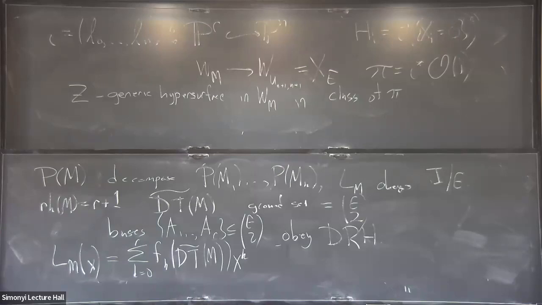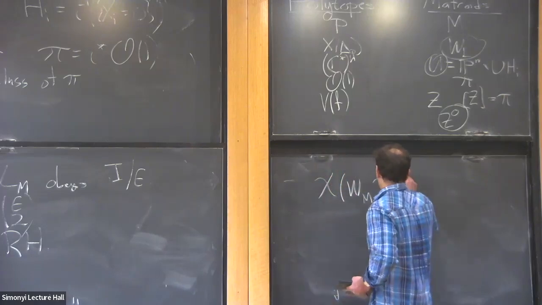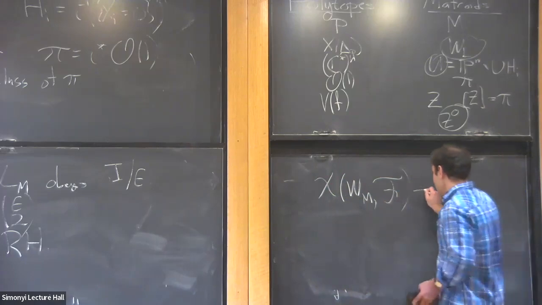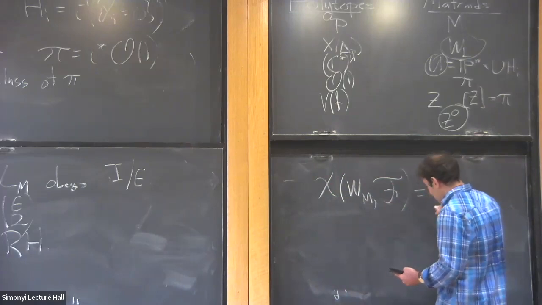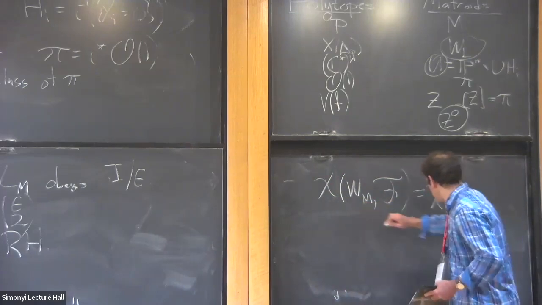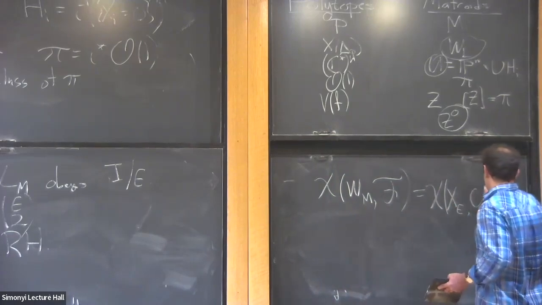I'm going to want to take Euler characteristics on the wonderful compactification. If I have some K-class F, I'm going to make some smart choices of K-classes. I can compute this, at least theoretically, by relating it to a toric variety, because the wonderful compactification lives in the permutahedral toric variety.